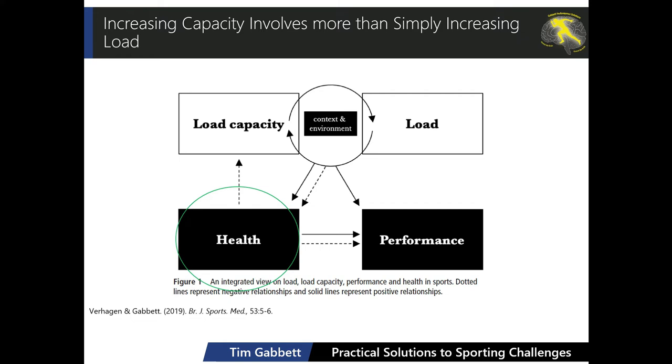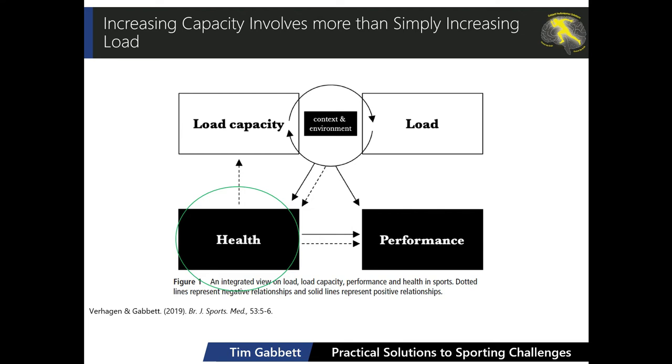But equally, if you're a long way from the start of your season, just starting the pre-season, you might be prepared to load a little bit more in order to get rapid changes in capacity, and you may not be as focused on the athlete's day-to-day health.